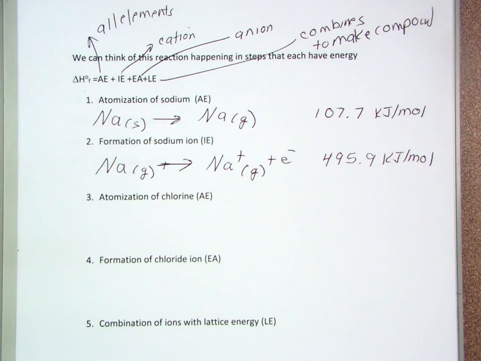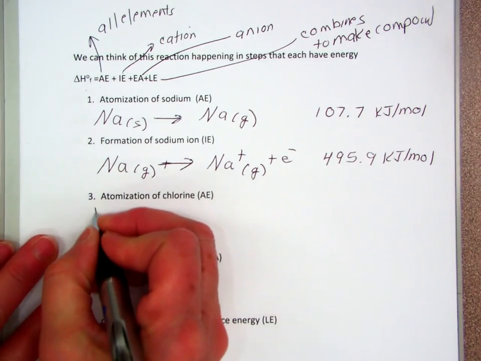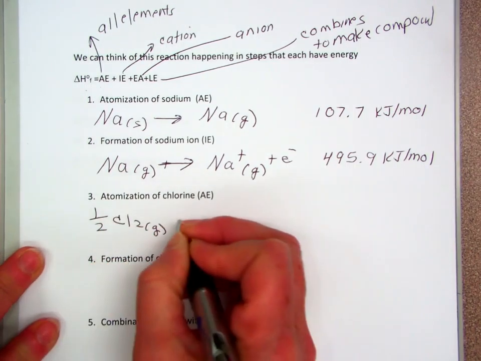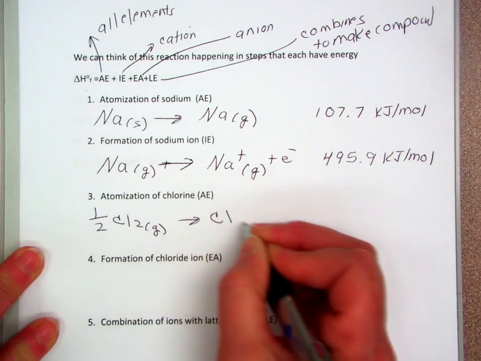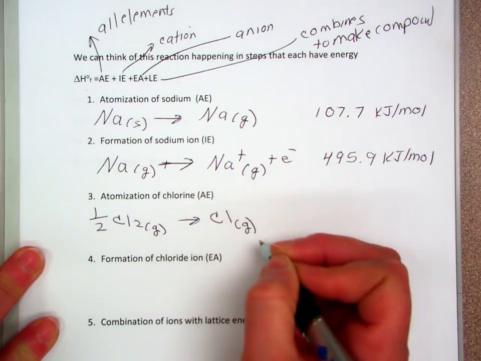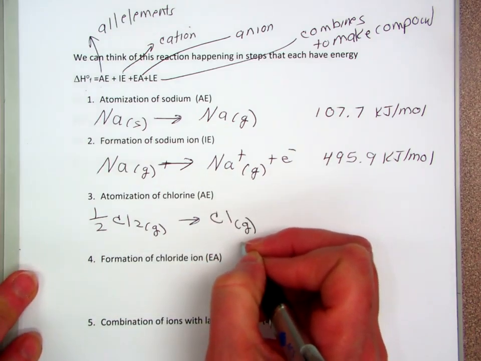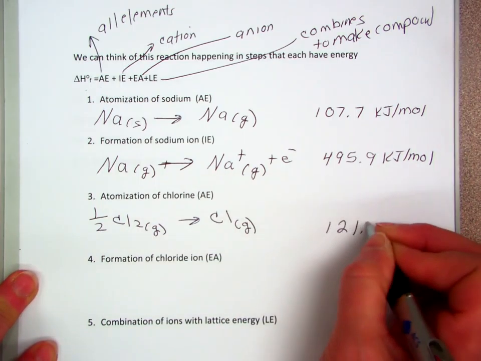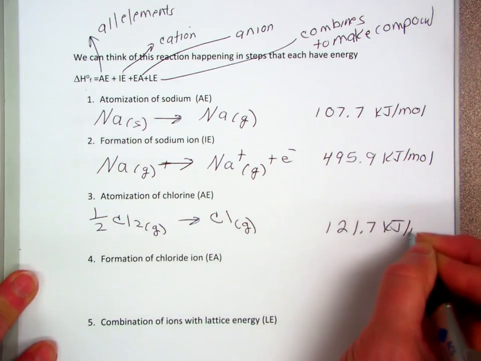Now we'll think about the chlorine. I have chlorine, and that gets atomized. So it takes a half a mole of chlorine gas to break apart and give 1 mole of chlorine atoms in the gaseous state. That's the atomization energy for chlorine, and that is a positive 121.7 kilojoules per mole.